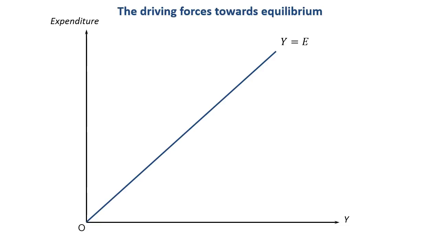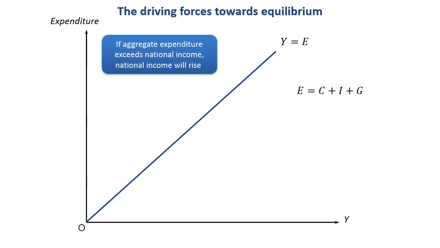Now that we have the Keynesian cross model, we can use the model to analyze the economy from a disequilibrium situation. Now imagine that aggregate expenditure, which is also aggregate demand, exceeds national income, which is production. What will happen?